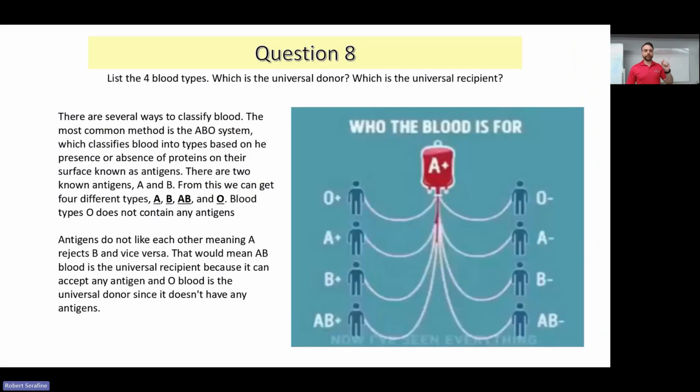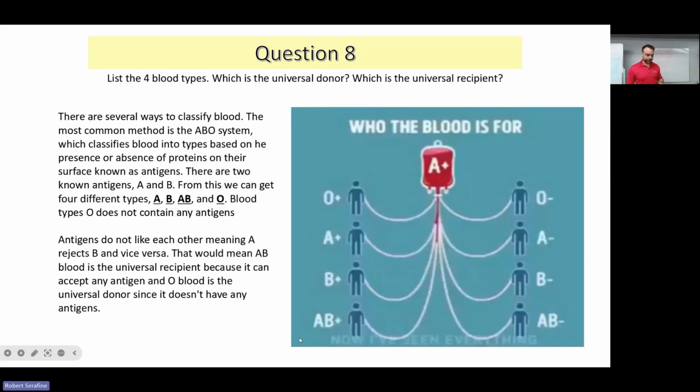If your blood type is positive, then you can take positive or negative blood. If your blood type is negative, you cannot take positive type blood. So if we go a step further, type O negative blood is the absolute most universal donor. And then type AB positive is the absolute most universal recipient.